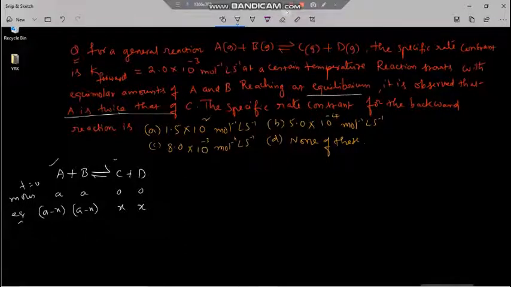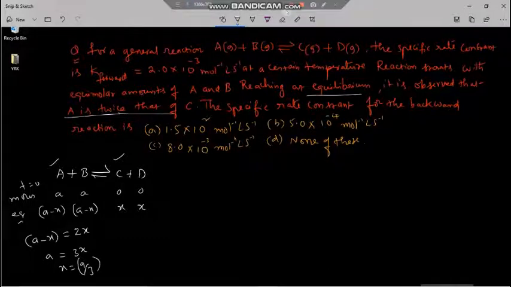So A and C: A minus x is twice that of C. You can consider this assumption as the A value at equilibrium is twice that of C. C is x, twice that of C is 2x. So from this you can find a is equal to 3x. Also you can find x is equal to a by 3.